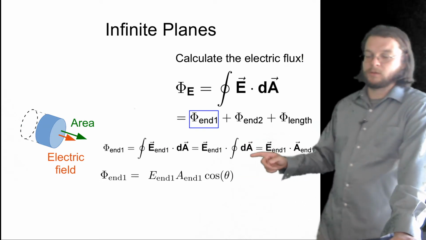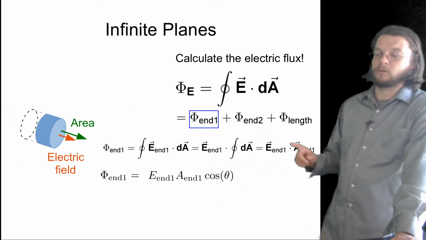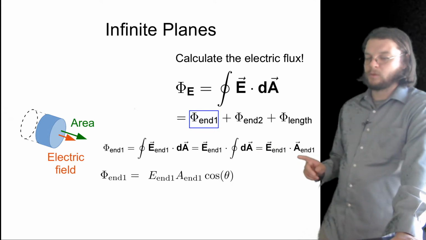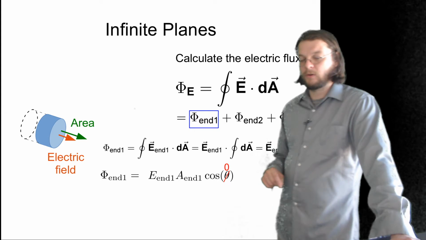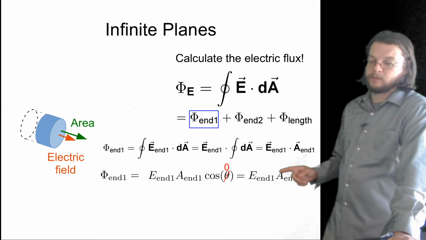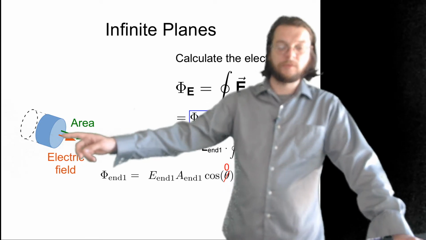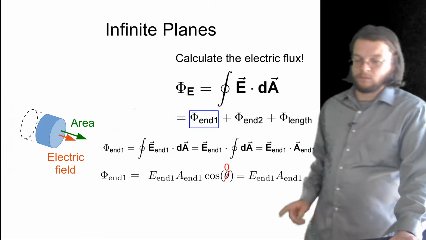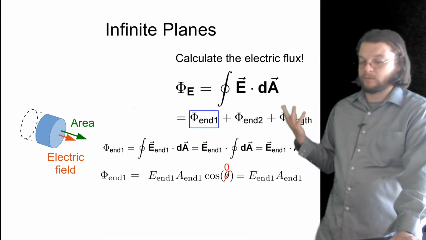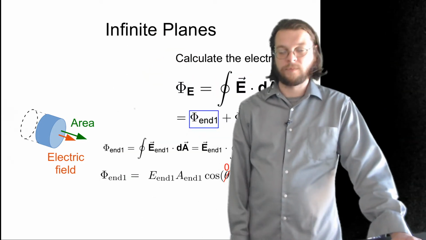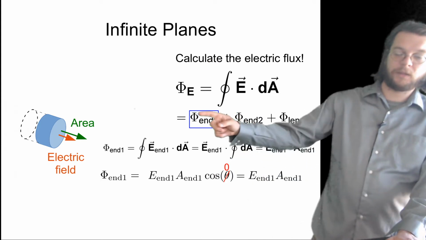So that's part of why you can take the electric field out of the integral, and then you integrate over the area. That gives you the total area. With the dot product there, that gives you the cosine. Cosine of 0 is 1. And so the electric flux through this part of the Gaussian surface is the electric field there times the area of that surface. Again, the area of our imaginary Gaussian cylinder. All right, so this part is definitely not 0.